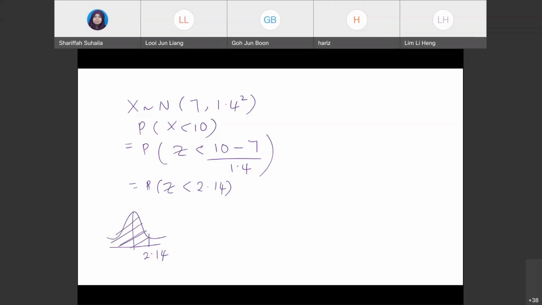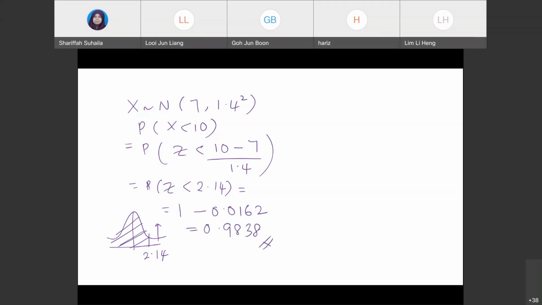The probability given in the table is only here. So 1 minus the probability Z greater than 2.14 from your stats table. 2.14 gives 0.0162, so we have 0.9838. This is the first one.